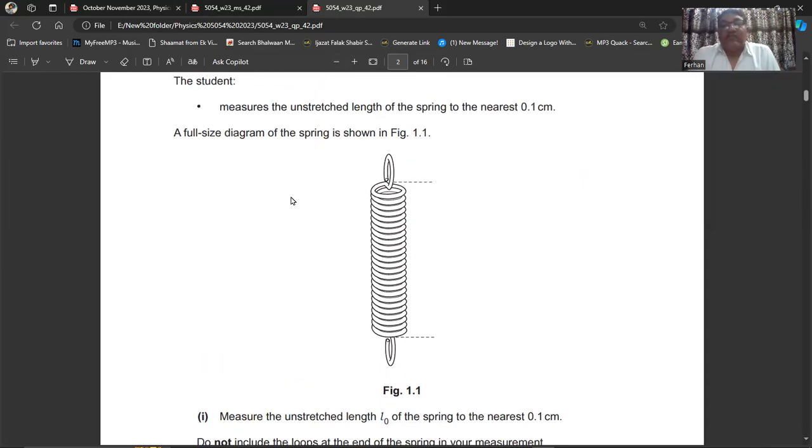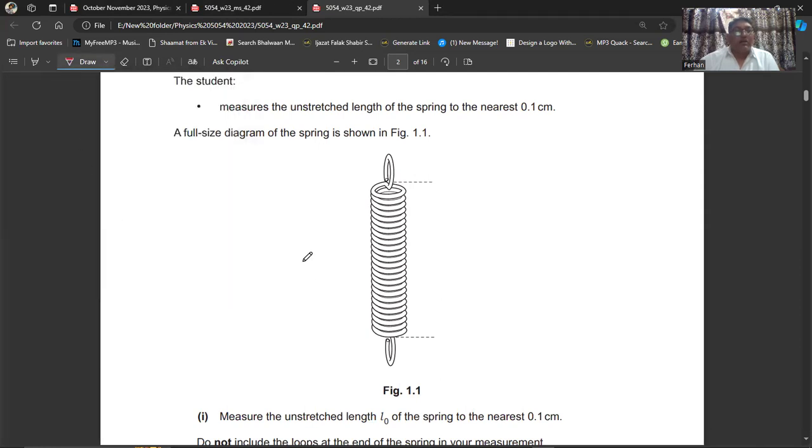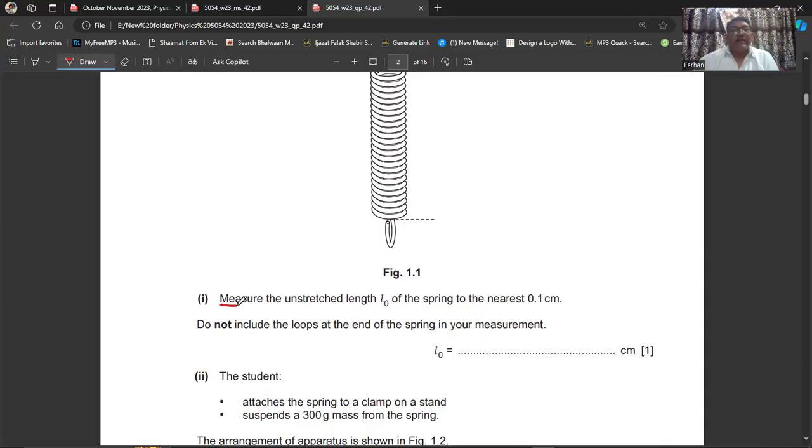The first part is to measure the unstretched length. You have to measure the unstretched length L0 of the spring to the nearest 0.1 centimeter.